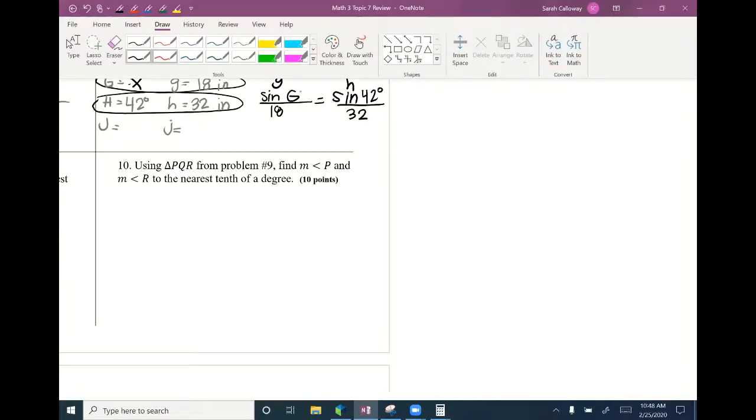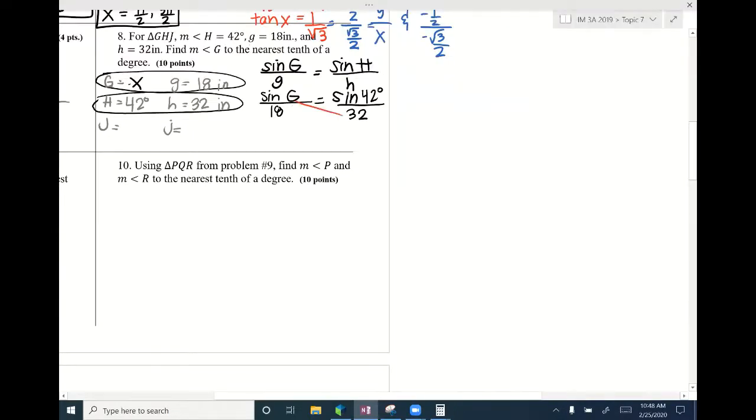And we have to cross multiply to solve. So I'm going to multiply 32 times sine of G and set that equal to 18 times sine of 42.